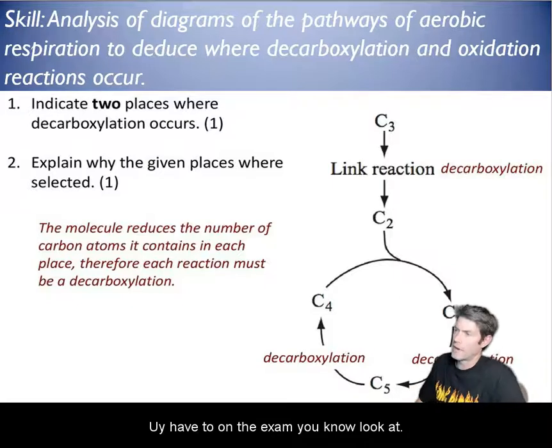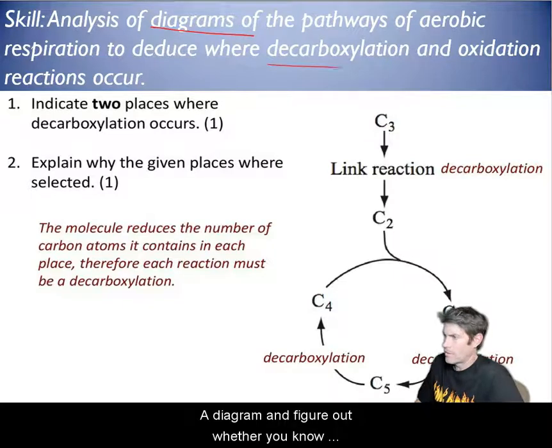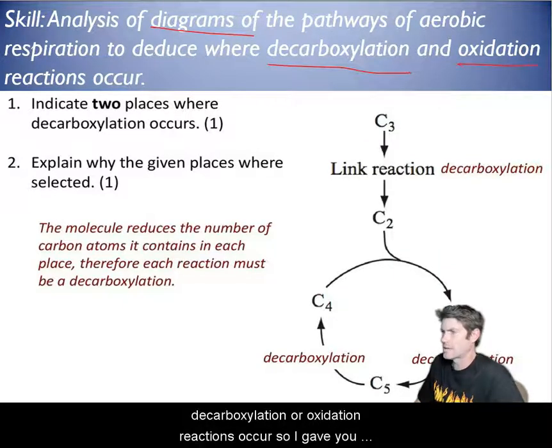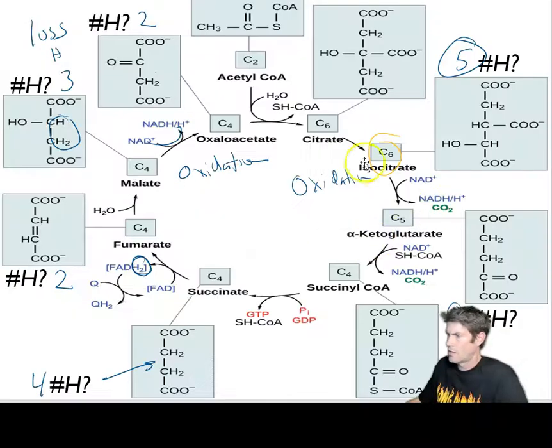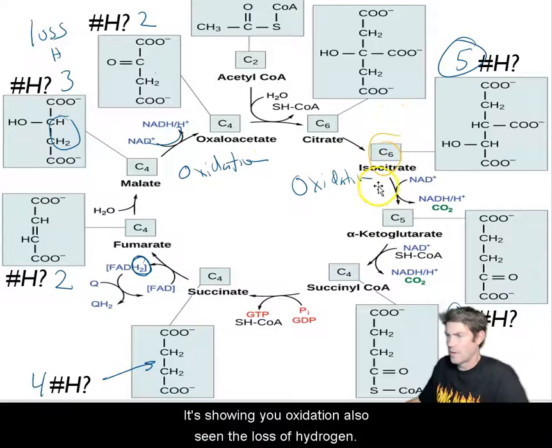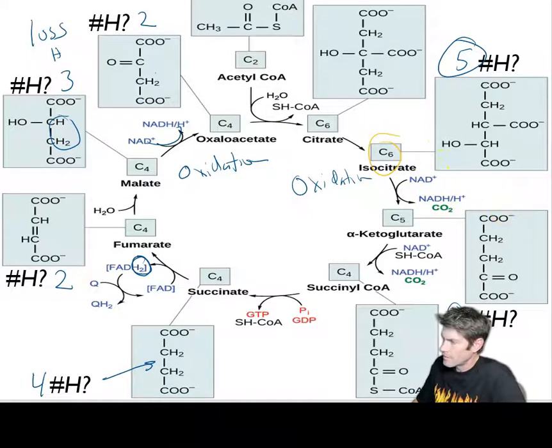You might have to, on the exam, look at a diagram and figure out whether decarboxylation or oxidation reactions occur. So I gave you some information. You can look back, like here, seeing that loss of carbon is showing you oxidation. Also seeing the loss of hydrogen. When you're building the molecule, when you're adding the hydrogen, you're doing reduction.